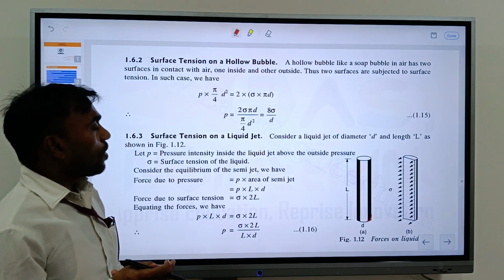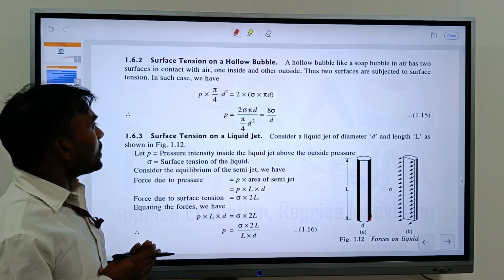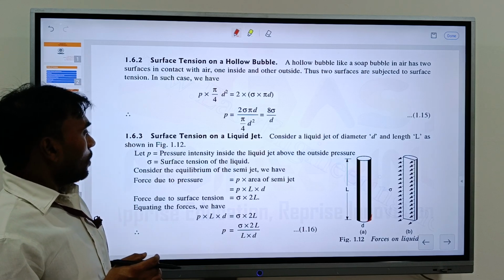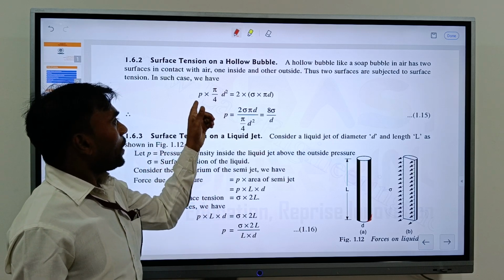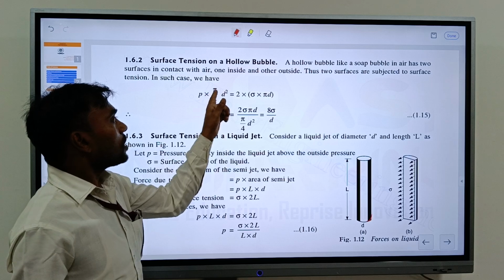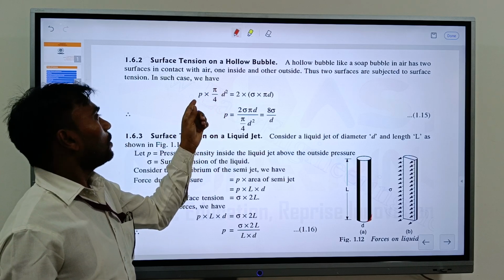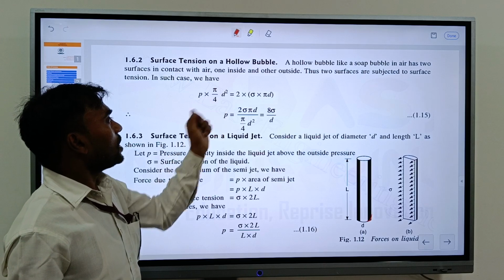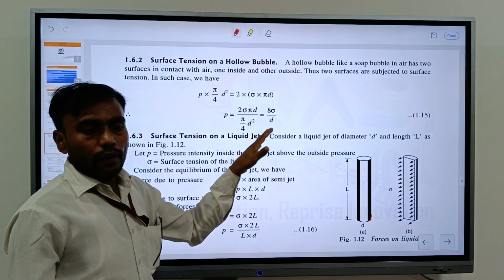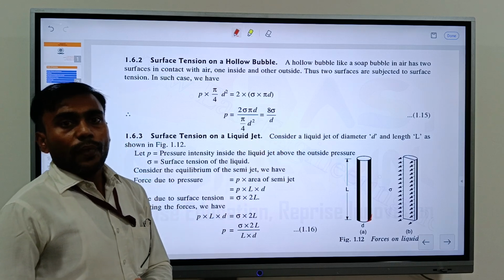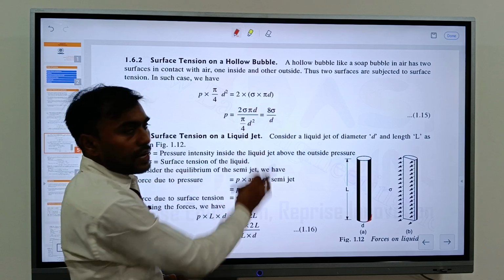In that case, what will be the magnitude for pressure intensity and surface tension? You can easily write it: P, the pressure intensity, into surface area, will be equal to the pressure force, that is P into pi by 4 d square, equal to the tensile force acting on the bubble, which will be equal to 2 times sigma into pi into d.